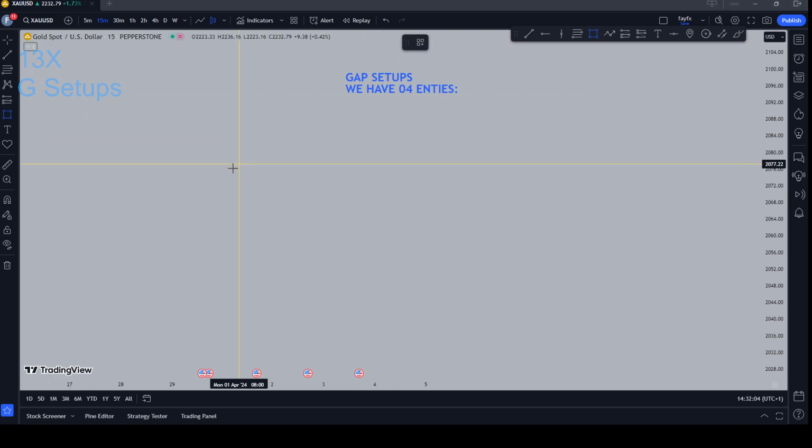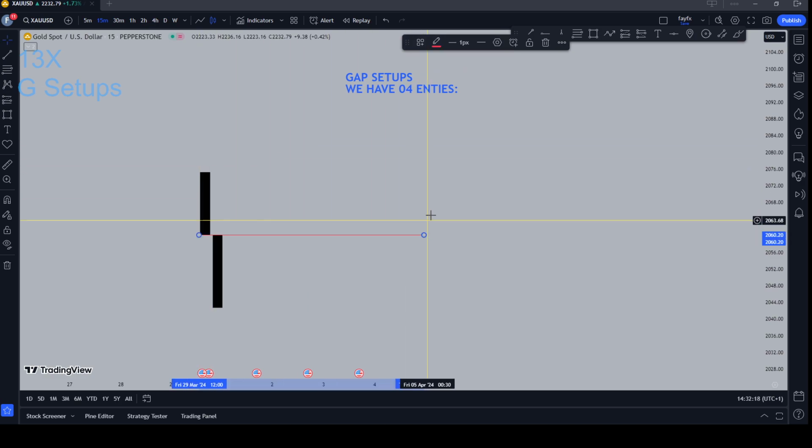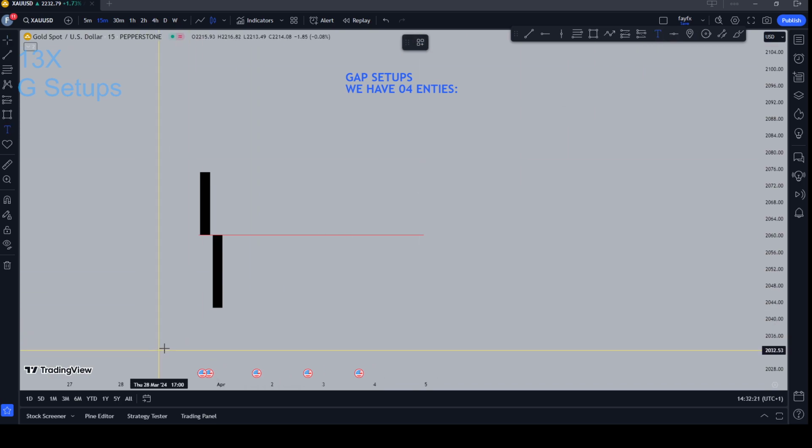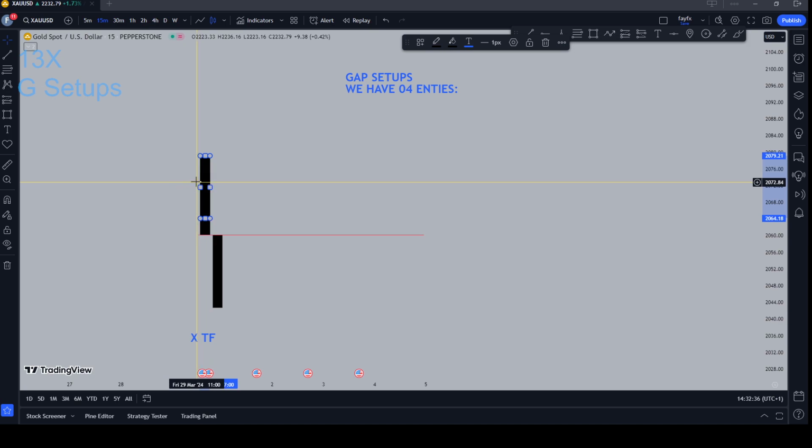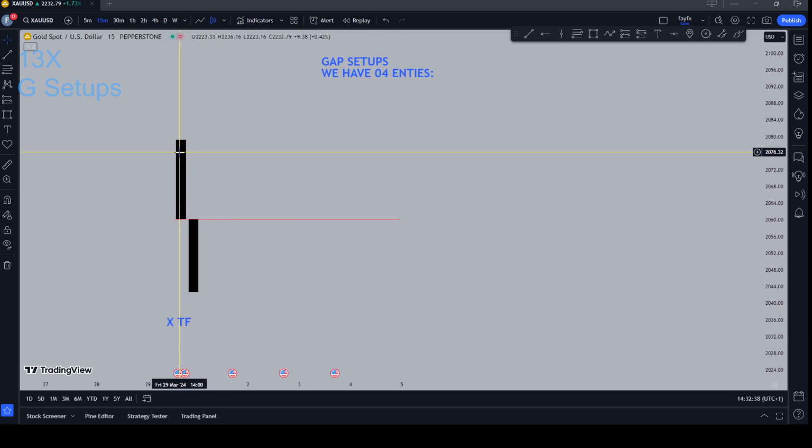So the first one is, imagine we have a bearish gap here, at the next time frame, and when we go one time frame lower, what we are going to find?